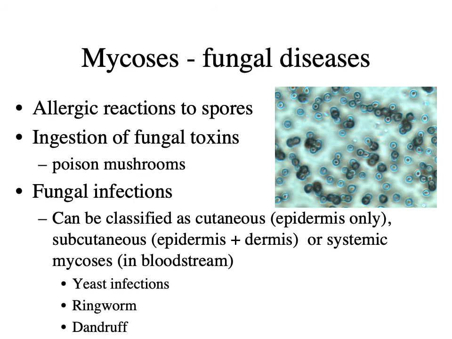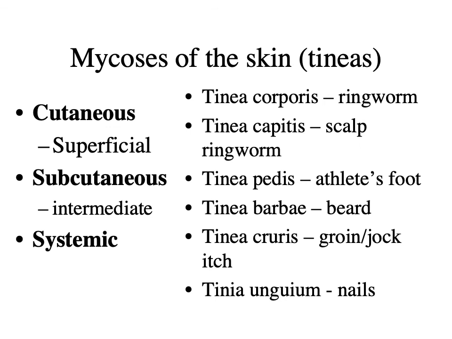And then dandruff. If you actually look at the ingredients in dandruff shampoo, you should recognize those as being antifungal. All right, let's talk more about mycoses. If you see this word tinea associated with it, it's a fungus, and we do have different body parts that are maybe a little more susceptible to fungal infections, just maybe because they're more moist or there are different types of hair there.